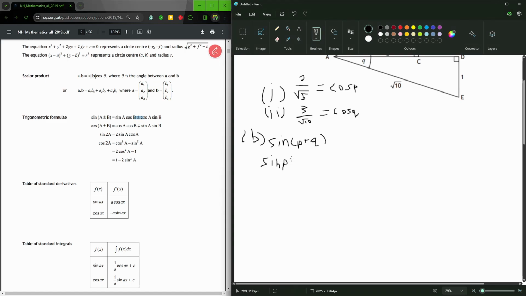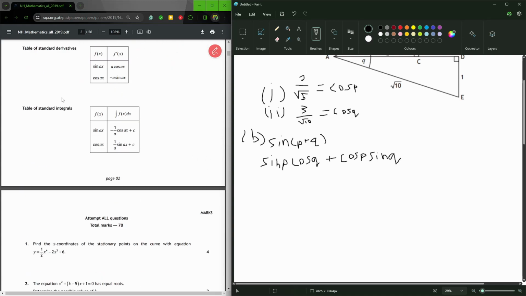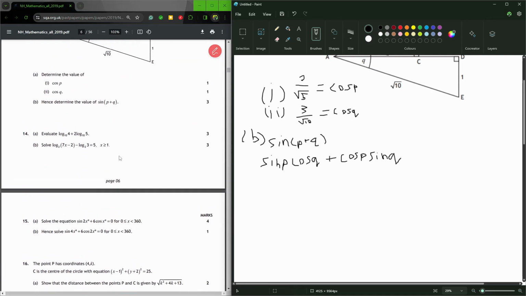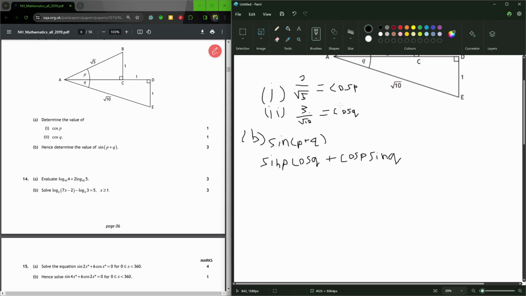And then cos of the second, so cos Q. Coolio. And then plus, because sine doesn't change the sign. And then cos of the first, which would be cos P. And then sine Q.